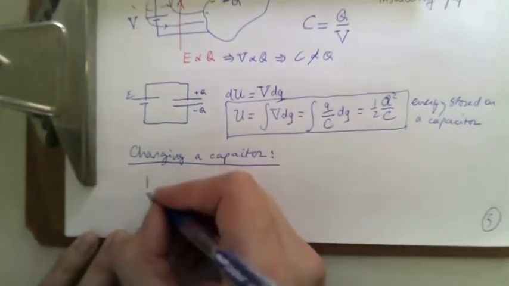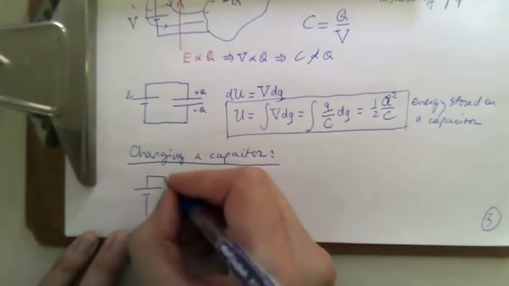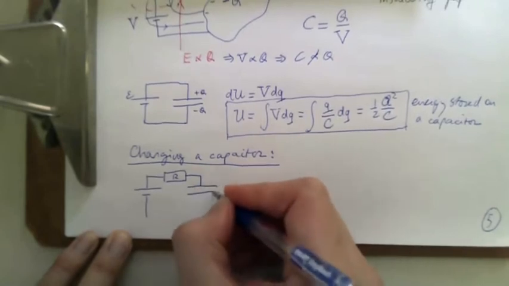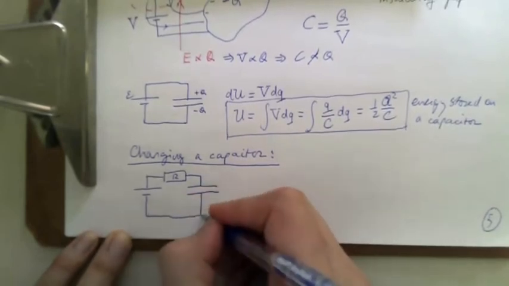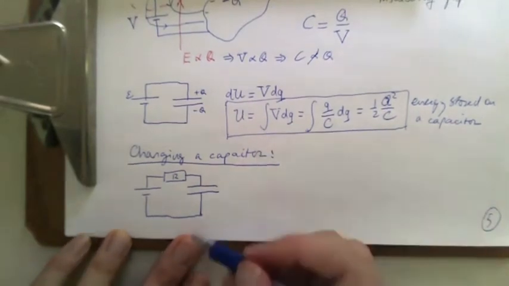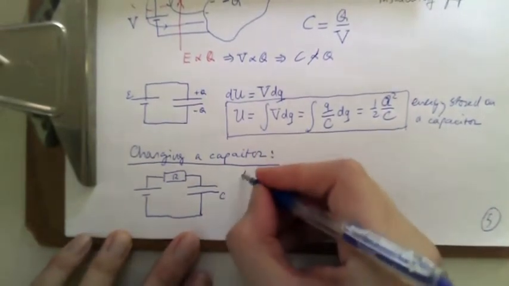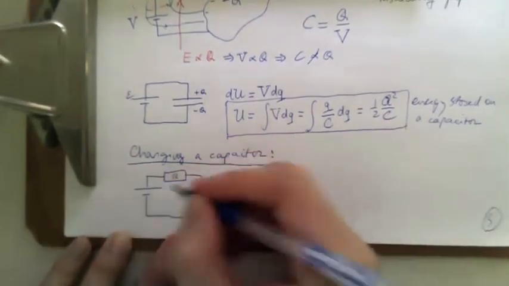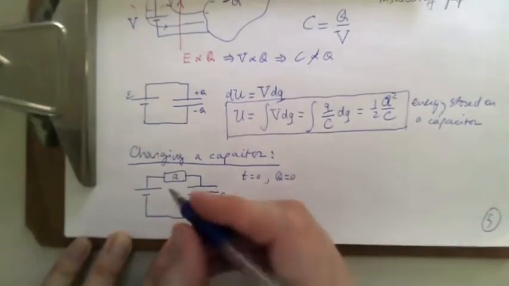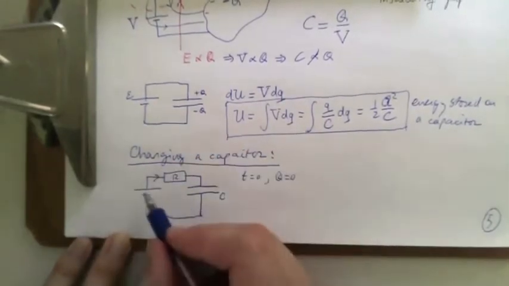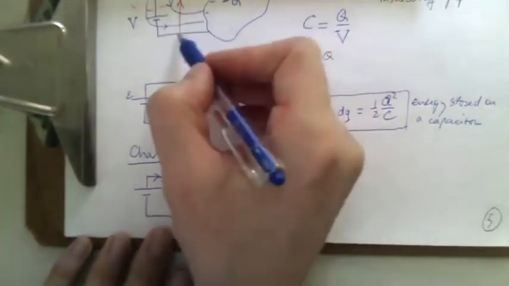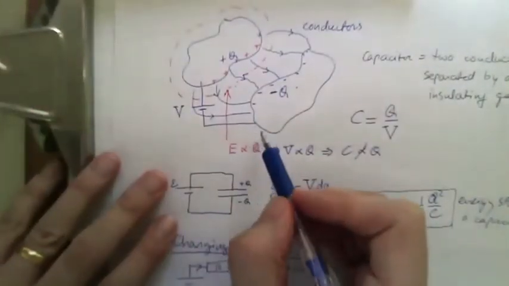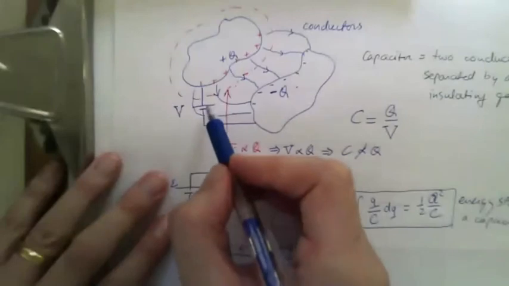So if we're charging a capacitor, we start initially with some kind of resistor and a capacitor, and we're going to charge this thing. So at t is equal to 0, Q is 0. When this thing starts charging, there's going to be some kind of current flow. Those are the positive charges that this battery is going to pull from this conducting object. It's going to put them over there.